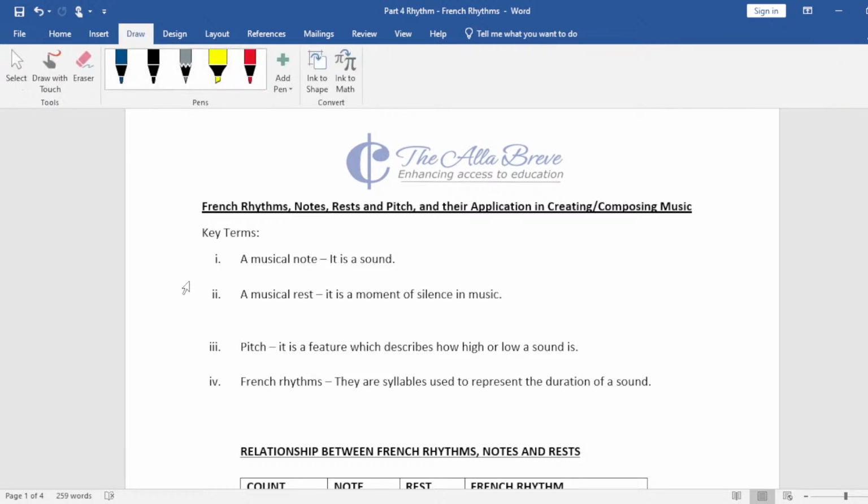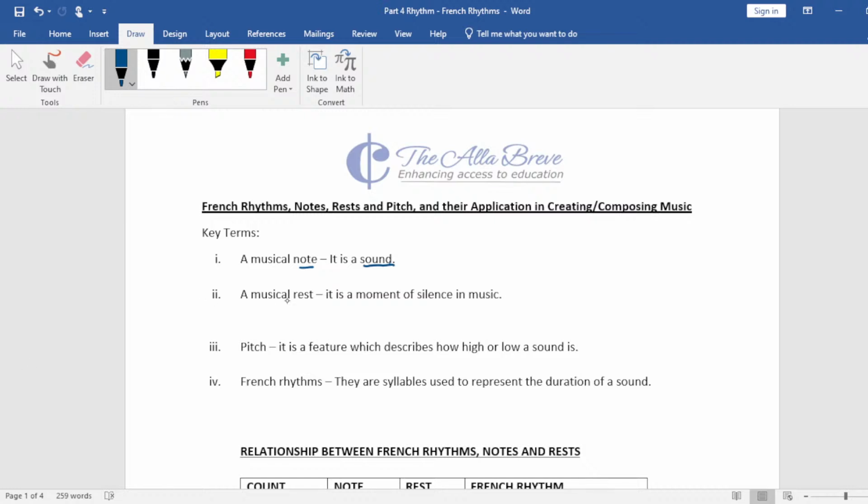So, we have a term called a note, but it is better referred to as a musical note. It's good to remind yourself that a note is a sound in music. Any sound you make, the sound I'm producing for this lesson to take place, is called a musical note.